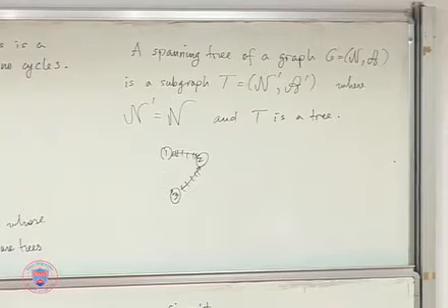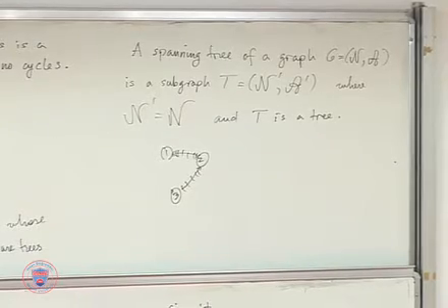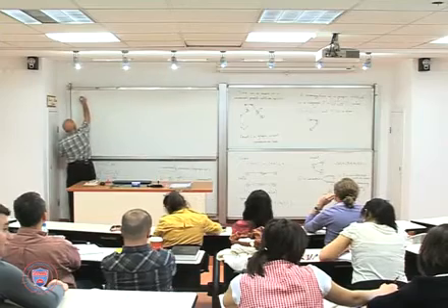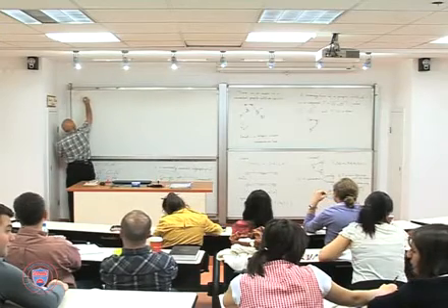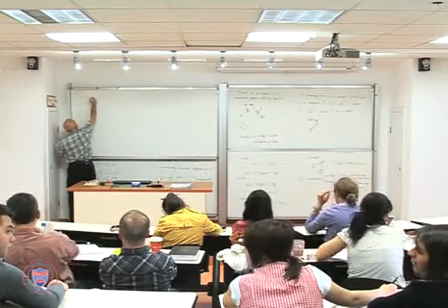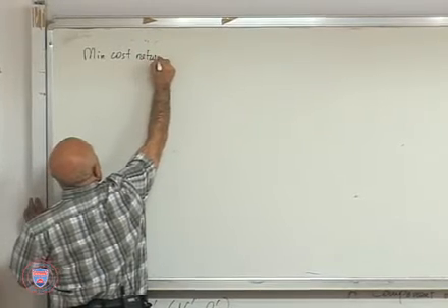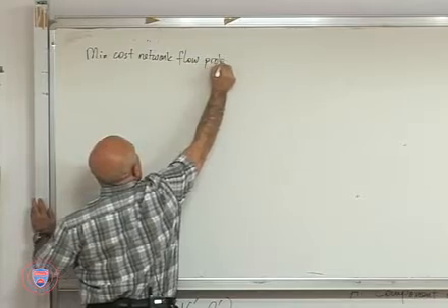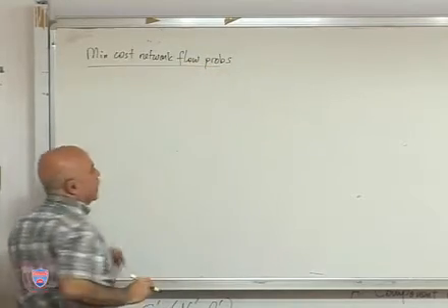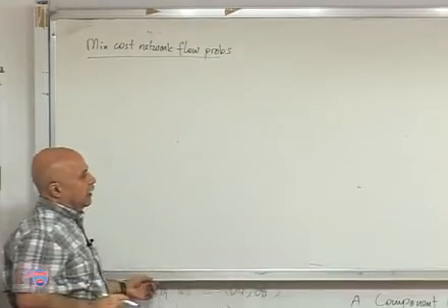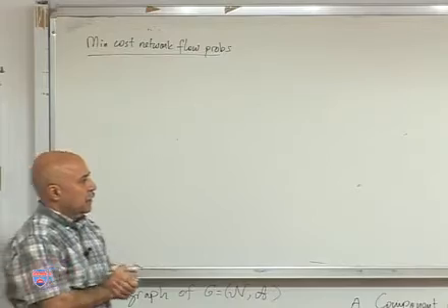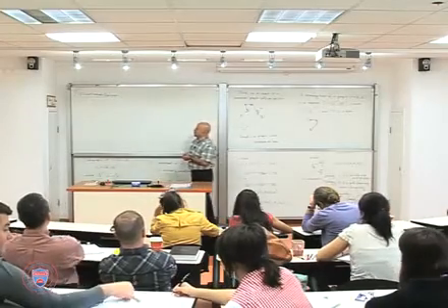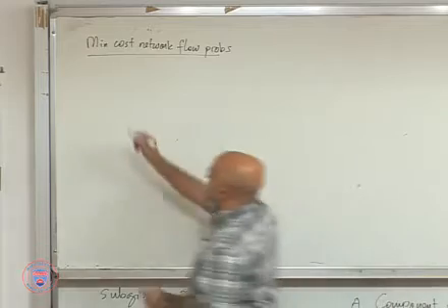I think that's pretty much enough for definitions, so let's get to the business now. So, with that terminology, we can define the minimum cost network flow problem in the following way.